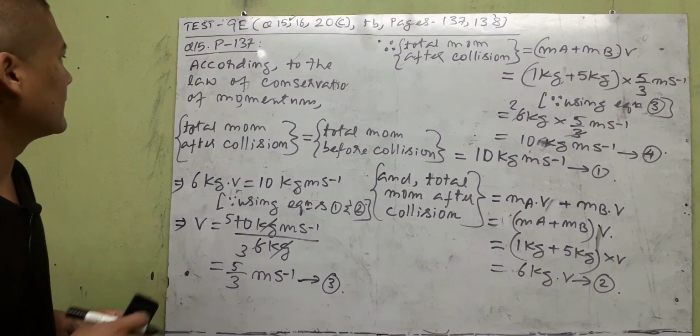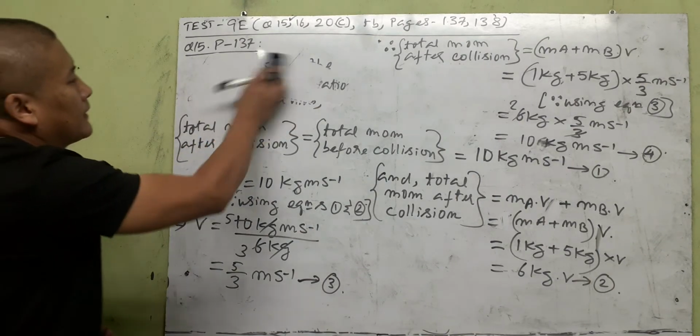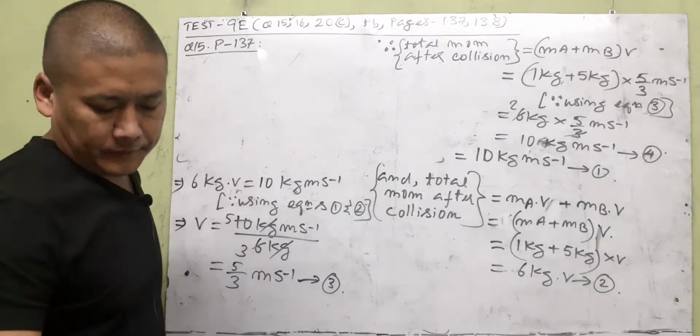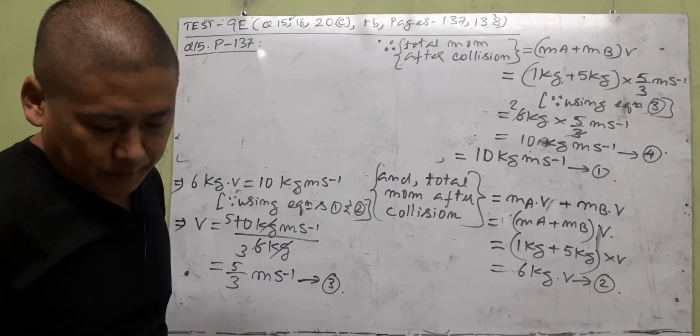Okay, so finally our answers are ready. So let's write the final answers. Go back to the question. Question 15 is saying: calculate total momentum just before and after impact.